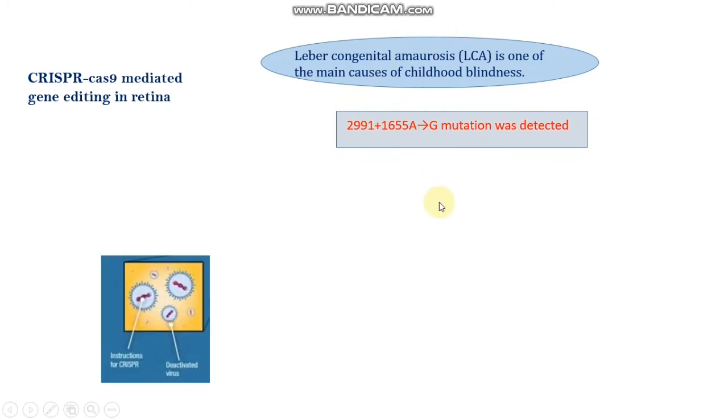So what happens then, we use CRISPR-Cas9 to mediate gene editing and restore that protein expression. Normally the scientists work on the DNA, and as you see in this figure, the DNA is packaged with an inactivated virus, and that virus carries this DNA straight to the retina.